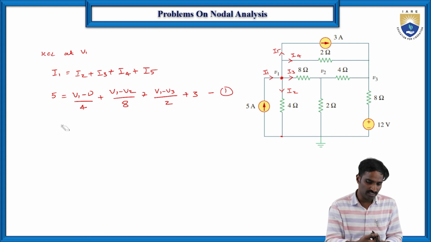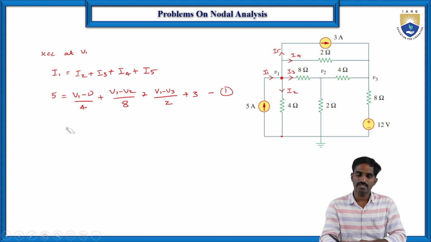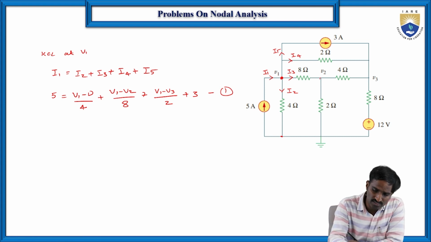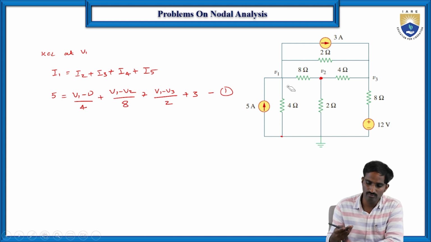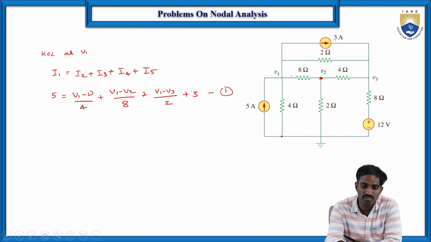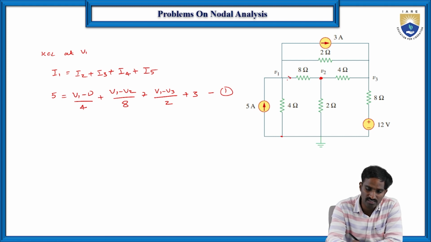Then coming to the second, the voltage at node 2. Here we apply KCL at node 2. Let us just remove this, and now indicate the currents here at V2. We can consider both ways, because we have already considered the current in this direction, so we can keep it the same.